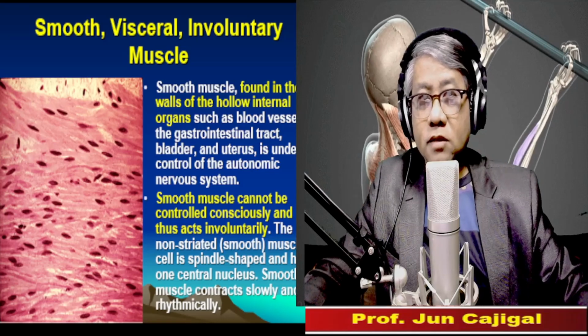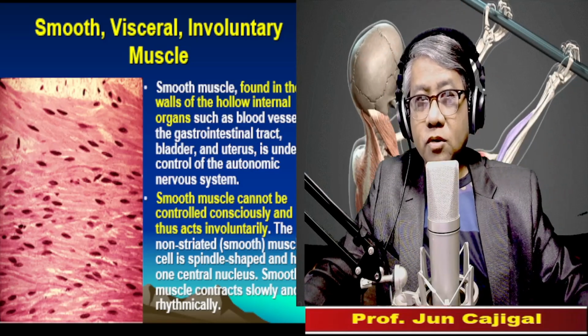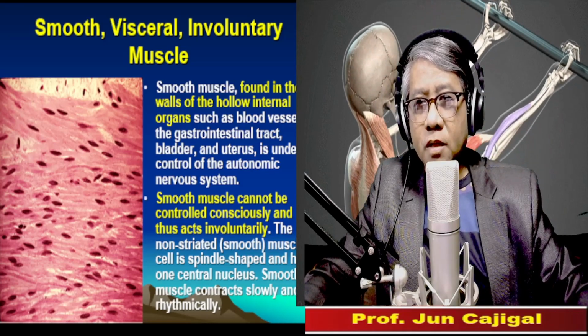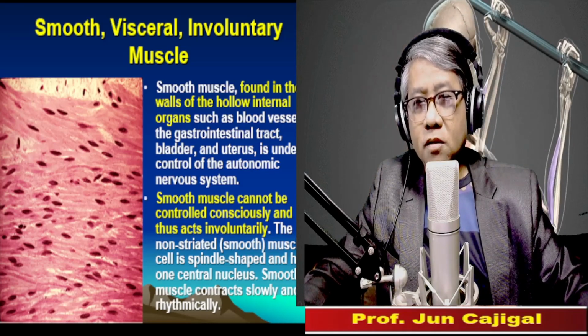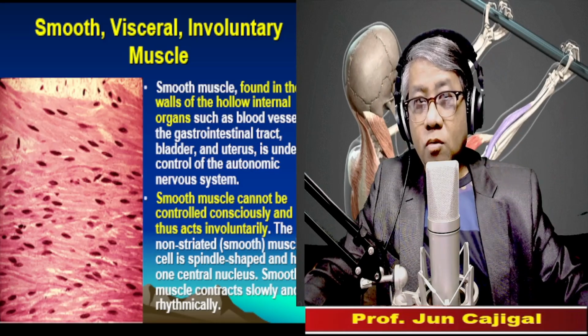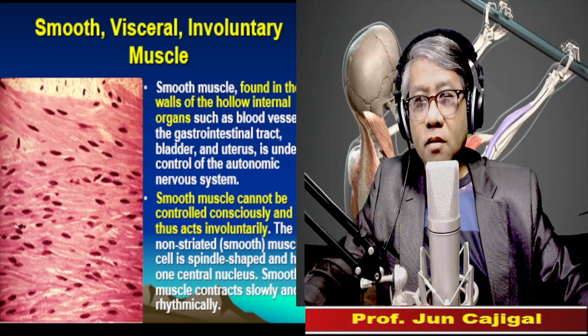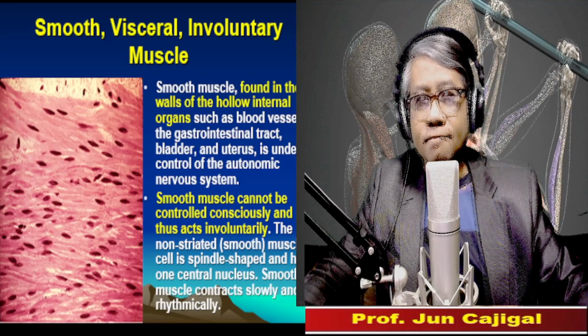And again, if you will examine the muscle under the microscope, the muscle cells are spindle-shaped and have one central nucleus. And also, smooth muscles contract slowly and rhythmically.